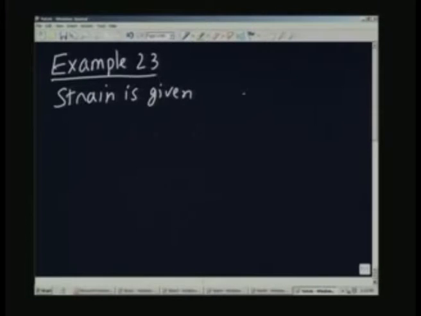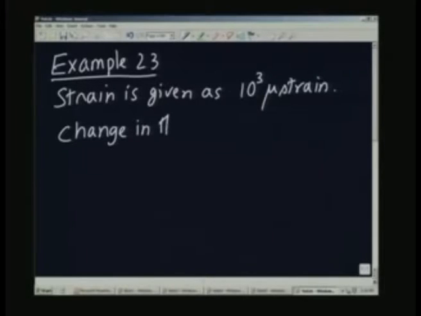So, the strain is given as 1000 microstrains, so it is easy to work out the numbers. If the strain is equal to 10 to the power of 3 microstrains, what is the change in the resistance? The change in the resistance needs to be obtained. What is the change in the resistance?